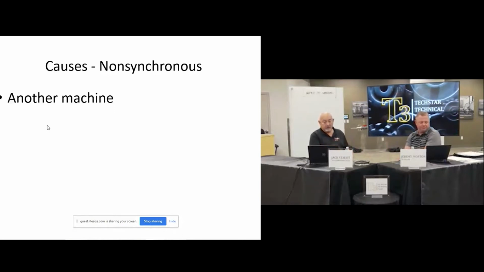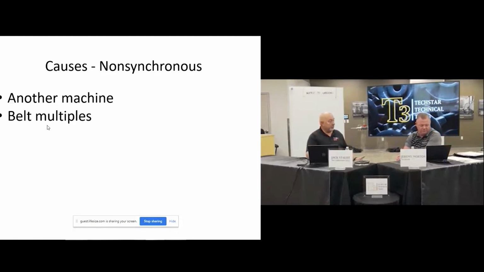So non-synchronous, again, could be another machine turning at an off frequency of some sort. Belt multiples. You get some type of belt resonance where the belts aren't tight enough and they're flopping back and forth. That could show up as non-synchronous, and multiples of it.